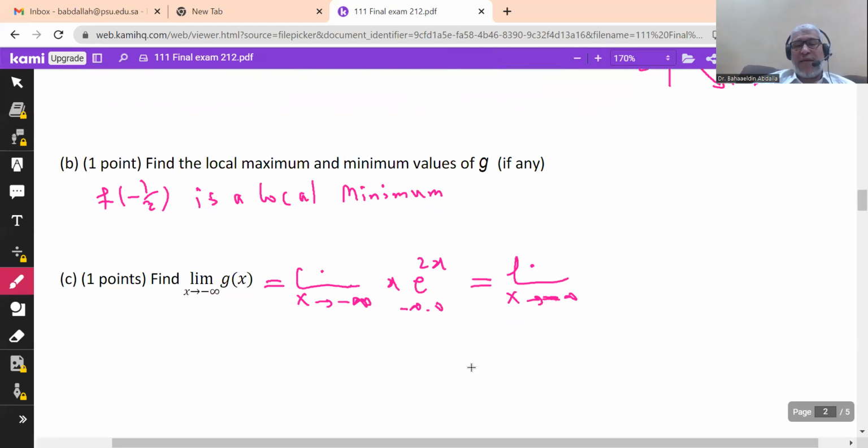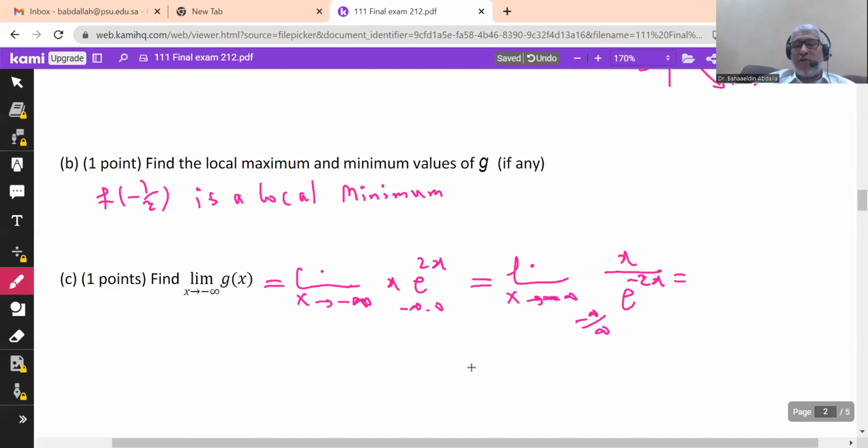We have to write one of the functions down. If you write x down below as 1 over x and use L'Hopital's rule, you will find that the resulting function is even more difficult than this one. So the correct way is to take e to the power 2x down and write it as e to the power negative 2x. Now I'll have negative infinity up, and negative infinity down, since e to the power infinity is infinity.